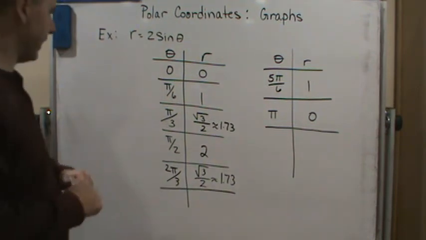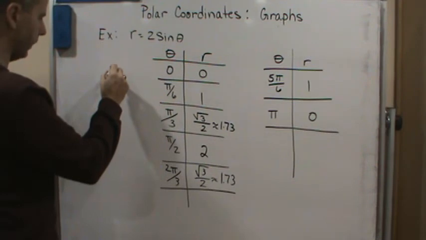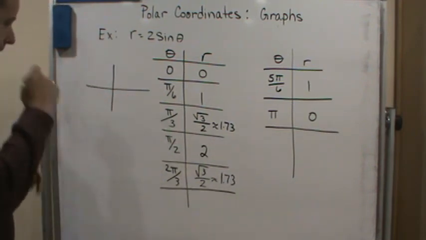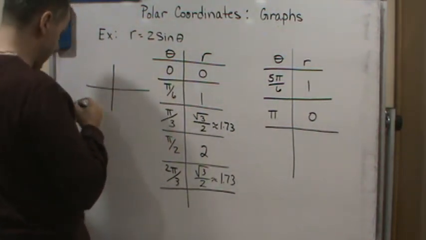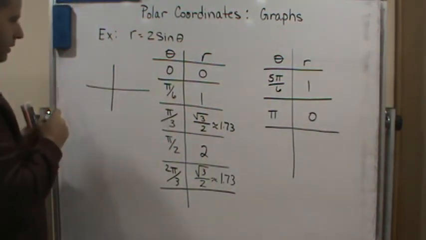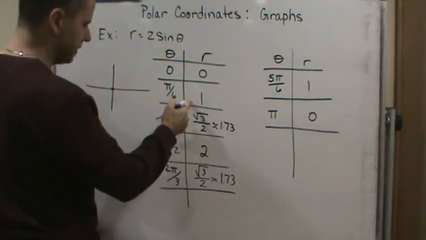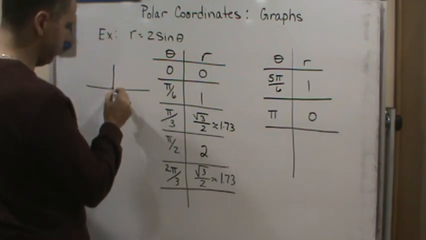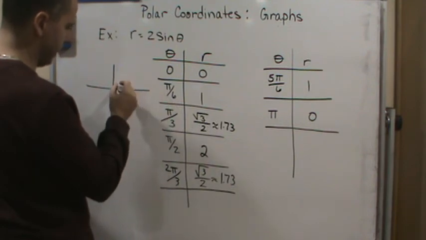And so you can see that if we graph this thing on the polar grid, think about it. The radius at 0 is starting at 0. So it starts at 0. And it increases to 1 at pi over 6. Right? So at pi over 6, which is, again, 30-degree angle, it's at 1.